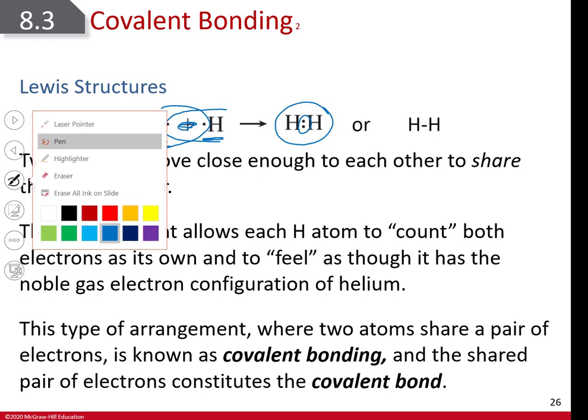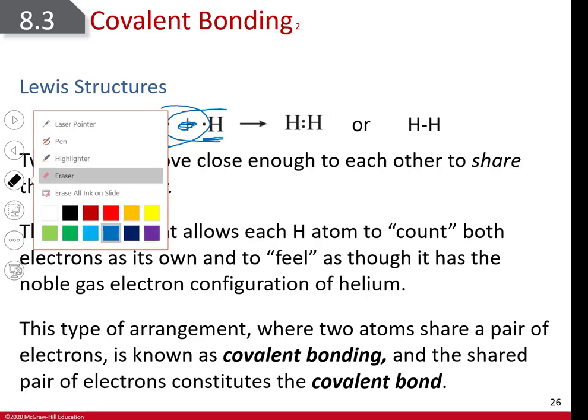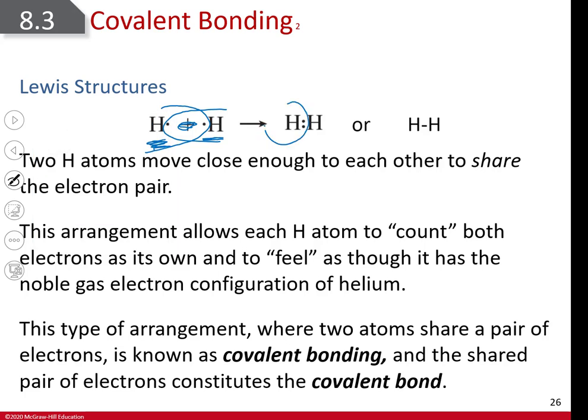So with the pair of electrons being shared, both hydrogen atoms now feel like they have 2 electrons. And so both of them now feel happy. I've got 2 electrons. I look like helium. I'm nice and stable and cool because I'm looking like a noble gas. Generally, in Lewis dot structures, we draw the shared pair of electrons as a dash that represents the bond.